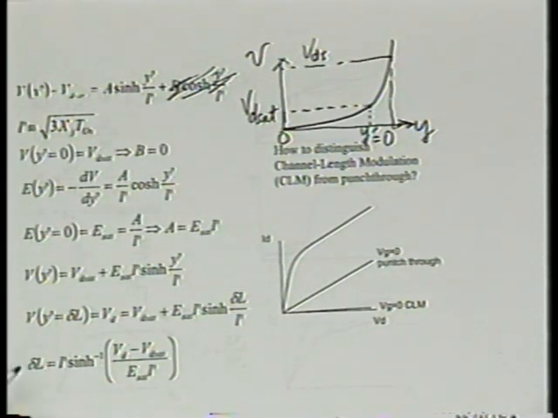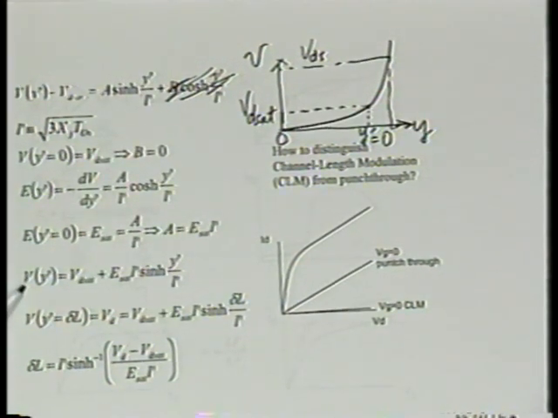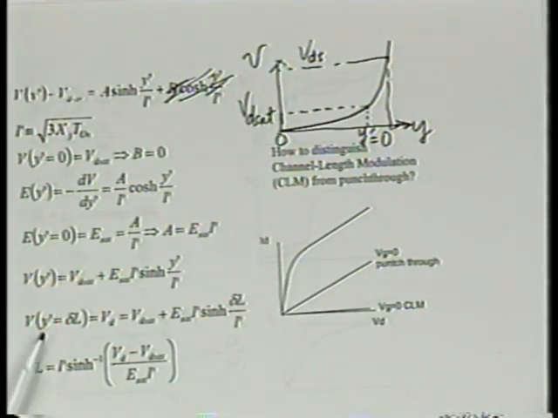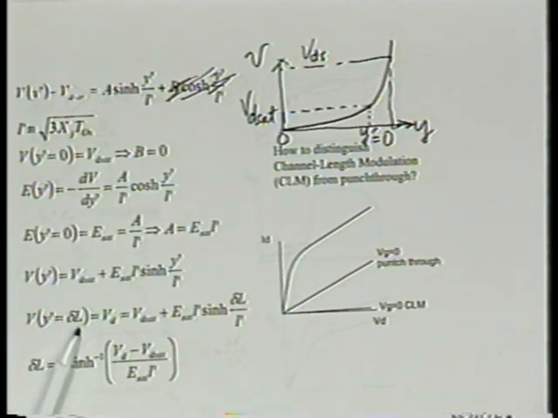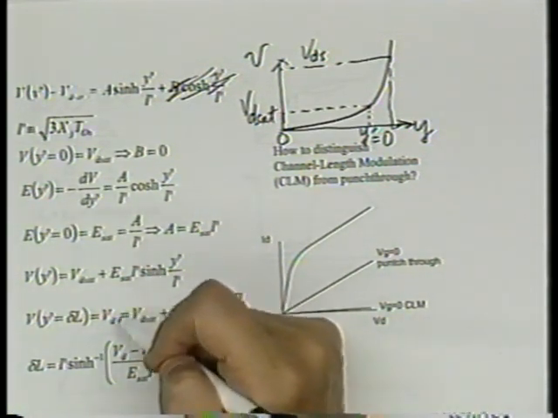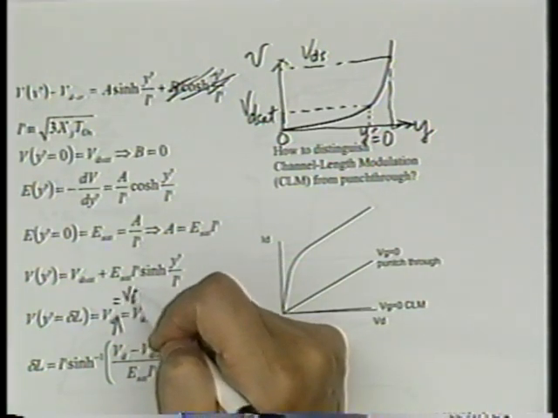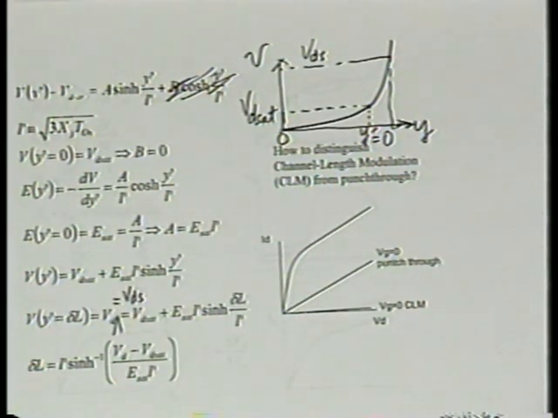Mathematically, what we do is we equate, this is the equation for V. Now we're going to say, what we know is that when y prime is equal to delta L, we don't know what delta L is. We're going to find the expression for delta L, right? All right, all we know is that when y prime is equal to delta L, VD should be equal to VDS. Is that right? And that VD on the other hand is also equal to VD sat plus E sat L prime hyperbolic sine delta L over L prime, correct?